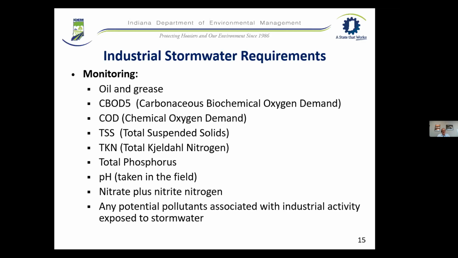So there is an advantage there. And as I said, we're going to try to make that transition from Rule 6 to the multi-sector general permit fairly seamless. We want to try to make that new permit very usable and straightforward. So that's one of the advantages of having an advisory group. We're hoping to streamline that process.